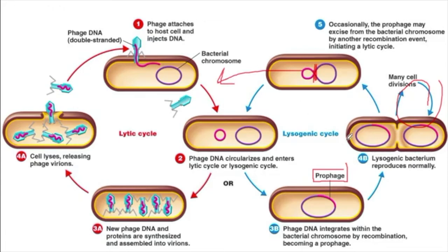So in terms of the specialized transduction, it gets to a point where the virus would have to excise its DNA, and so it may be latent for a very long time, and then something will activate it and it would try to excise its DNA from there, and then proceed to do the lytic cycle. Now, for that to happen, what happens sometimes in terms of the specialized transduction is that it will cut off a bit of the DNA of the chromosome of the host cell and incorporate it into its DNA.